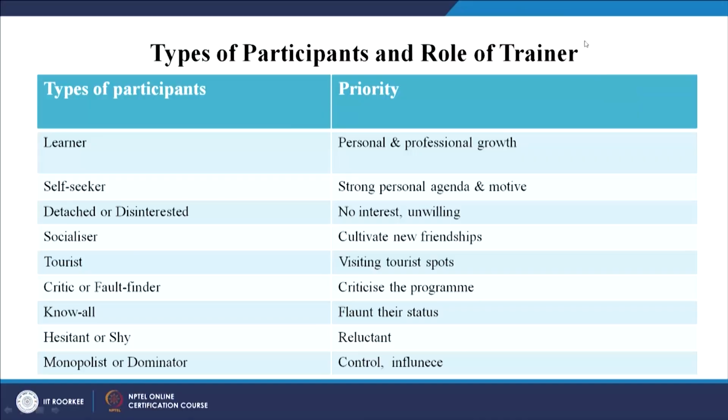There might be the monopolist or the dominator, and then you have to control and influence them. If they are dominating the group, then as I mentioned, you have to understand their priority, and according to the priority you have to adopt the strategy, and the strategy will be to control them, ask them no, do not do this, or you talk later.